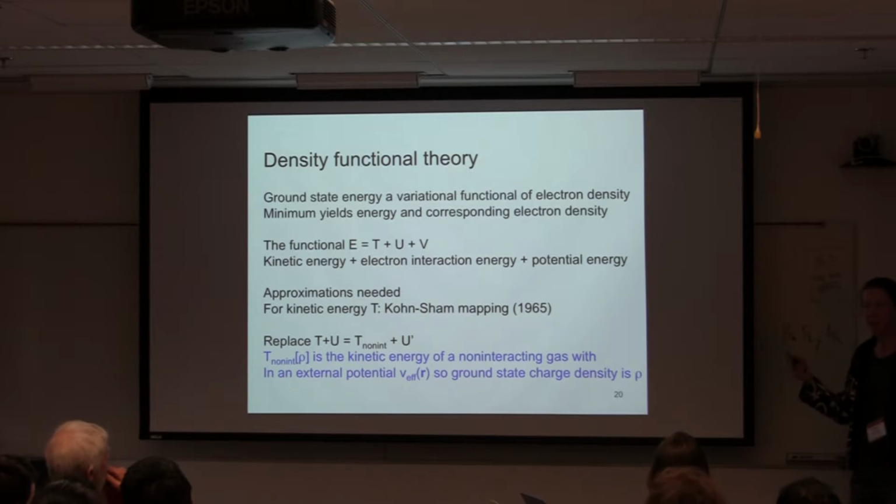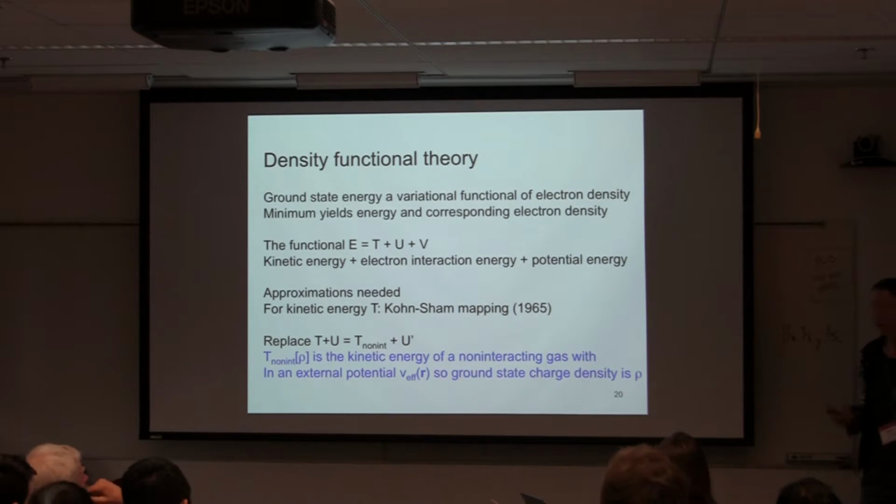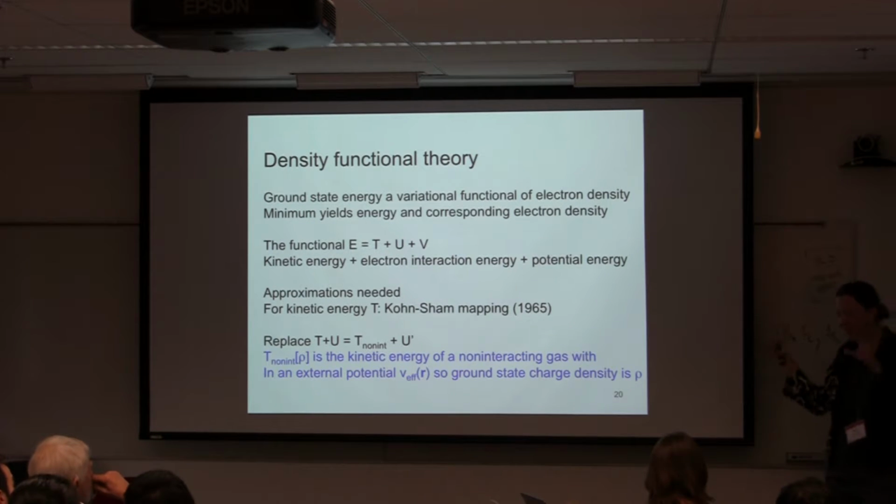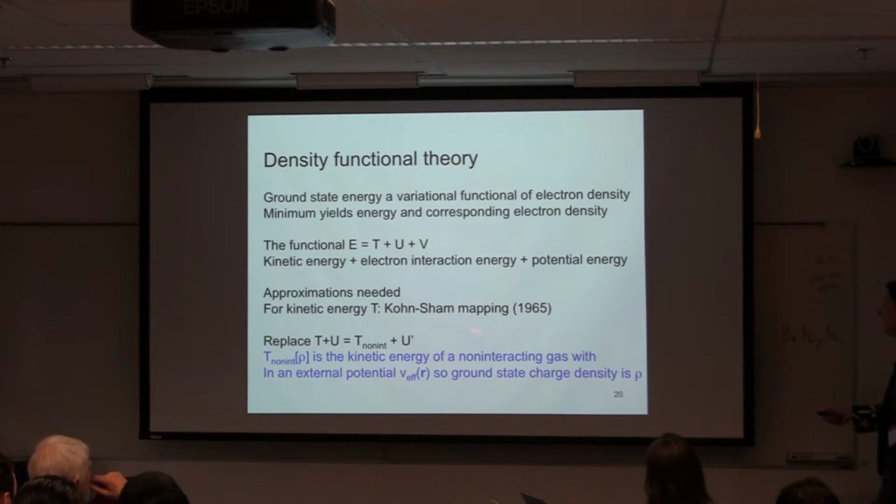The kinetic energy is the most quantum mechanical part of this, and that was addressed by the Kohn-Sham mapping in 1965. So again, the technical part will be over soon, or this is the most technical part. The kinetic energy plus the electron-electron interaction, we're going to rewrite and break this total sum down in a different way.